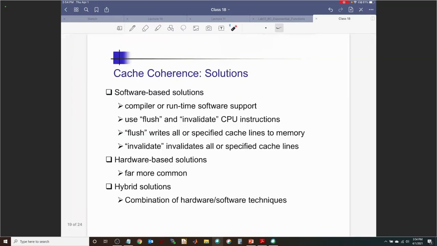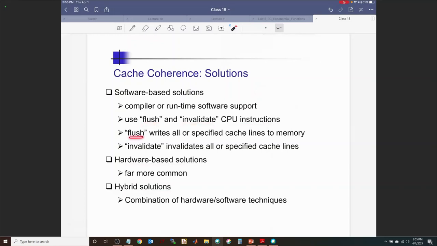Now let's talk about some solutions. There are many solutions. We'll talk about a snooping protocol and a directory-based approach. There are software-based solutions, hardware-based solutions, and hybrid solutions as well, which are a combination of hardware and software. The solutions could lie with the compiler or the runtime software support. It could be some new instructions in the instruction set architecture called flush and invalidate.